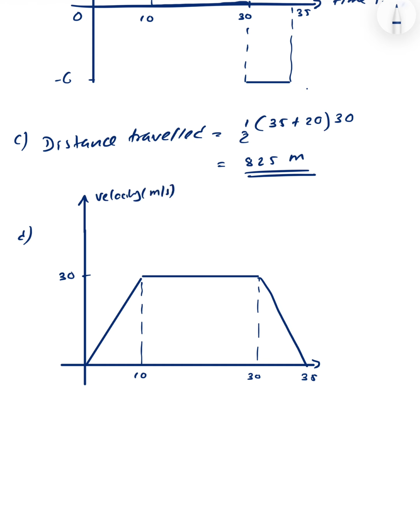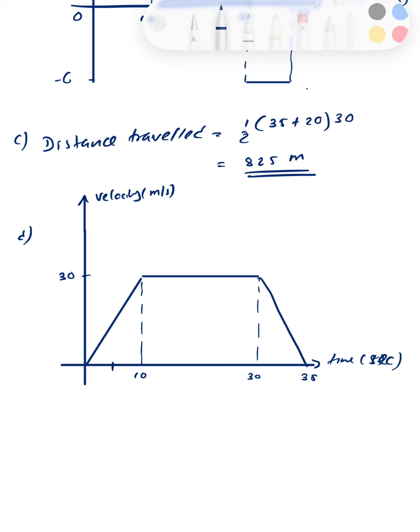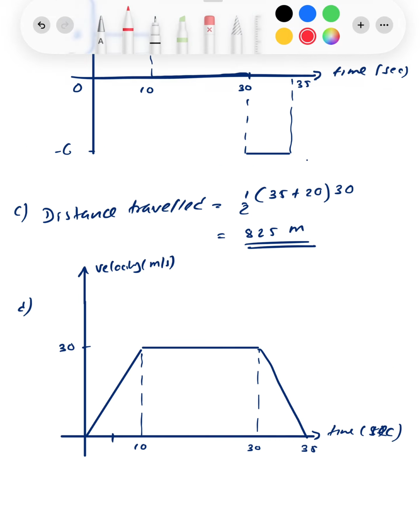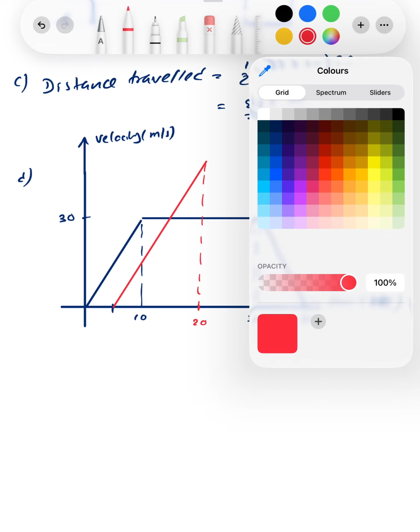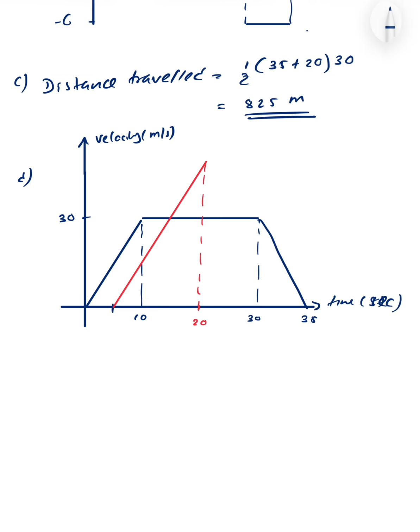Now what happens is at 5 seconds you have a motorcycle which is speeding up, and will eventually catch up with the car. So the total distance traveled by the car in the entire 20 seconds is equal to the total distance traveled by the motorcycle in the 15 seconds from 5 to 20.